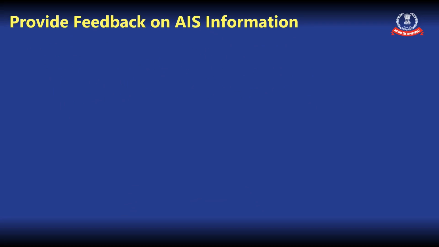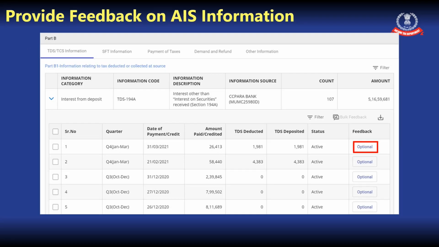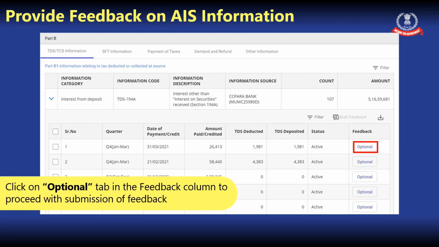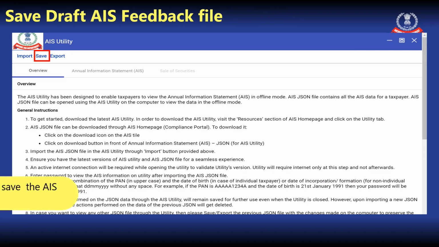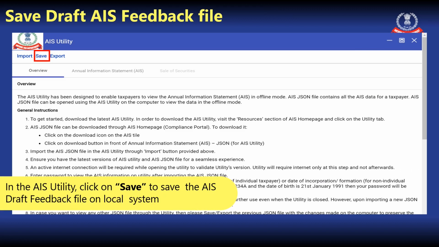As feedback is optional, you can click on the Optional tab in the feedback column to proceed with submission of feedback. Here you will be given various options, so you can choose the option and then click on the Save button. In the AIS utility also, you need to click on the Save tab to save the AIS draft feedback file on the local system.